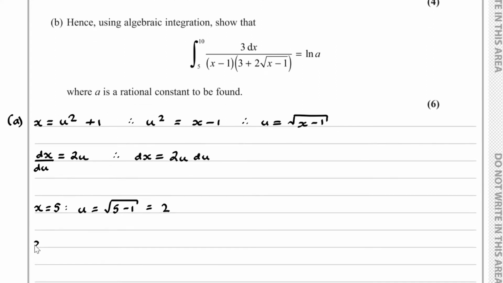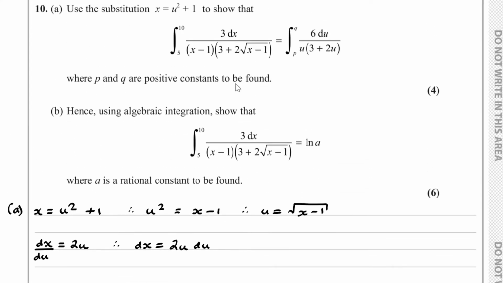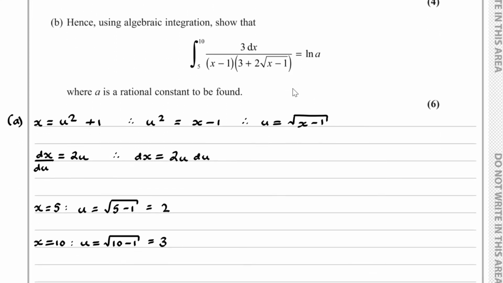And similarly, when x is equal to 10, u is equal to the square root of 10 minus 1, which is 3. Of course we take the positive square root because p and q are both positive constants.